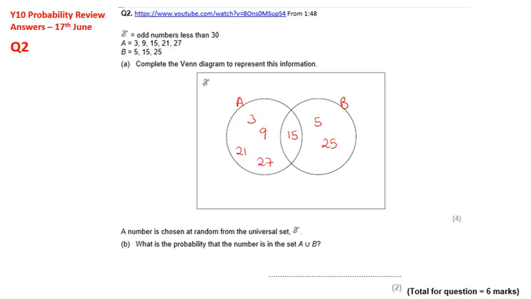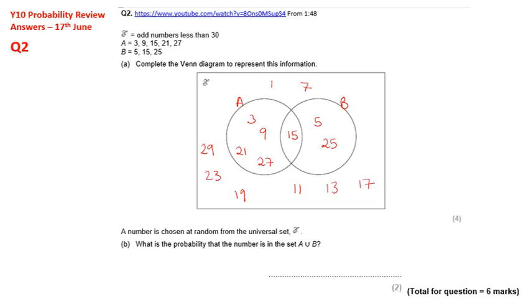Well, 1, we haven't included it yet, so it goes in there. 3, 5 we've got. 7, 9 we've got. 11 we haven't, so that can go outside. 13 goes outside somewhere. 15 we've got. 17 needs to be outside. 19. 21, we haven't got 23. 25 we've got, 27 and 29.